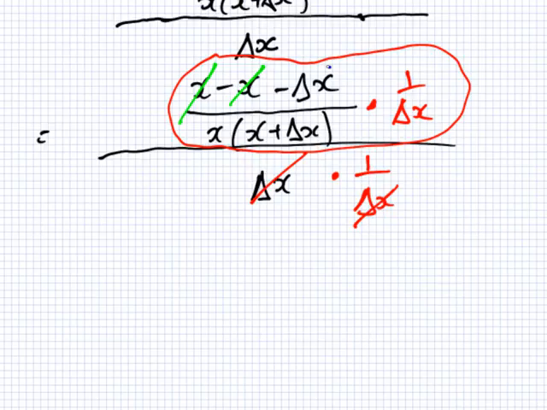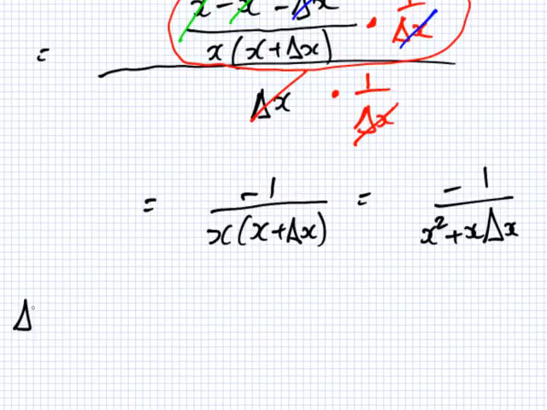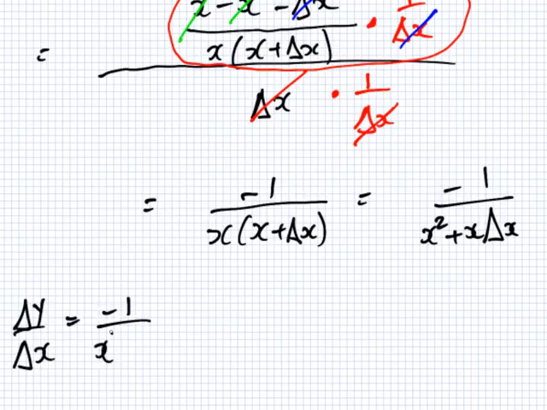This delta x will cancel with this delta x. So now what I have on the top is just a minus 1, and on the bottom I have x plus delta x, which equals minus 1 over x squared plus x delta x. So I have the slope of the secant is equal to minus 1 over x squared plus x delta x.